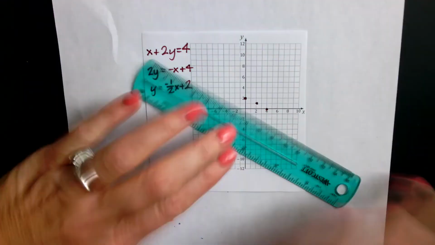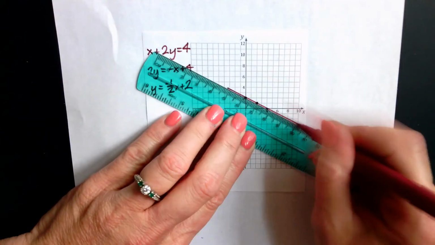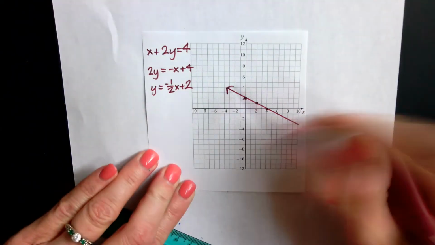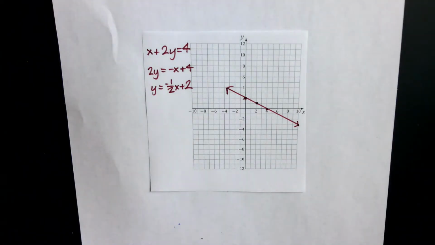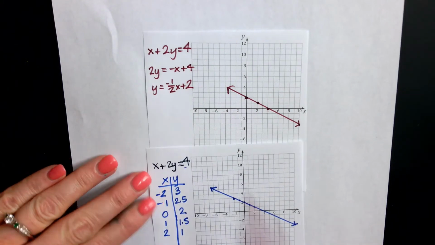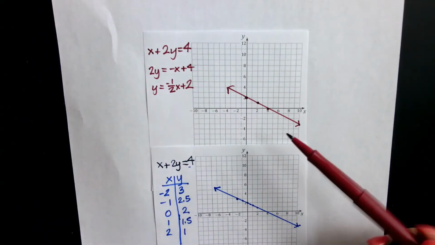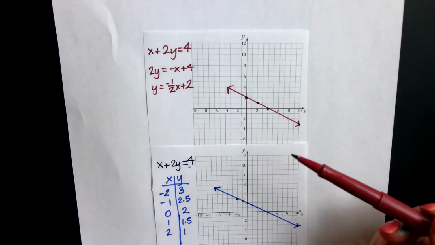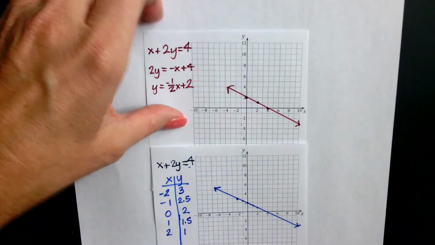That shows us the pattern of this linear equation, and we can connect the points and extend that line and put arrows. It doesn't matter if you use slope-intercept form or if you keep it in standard form and put your input-output table, they're the same line. So the form in which the equation is written doesn't matter.